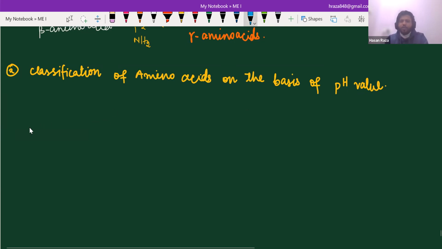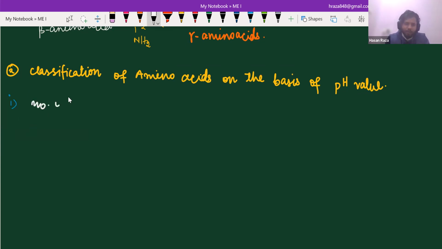Now, as you can see, this is NH2, the amine, and we are talking about the carboxylic acid. Both are weak base and weak acid. So here, how can we classify this?